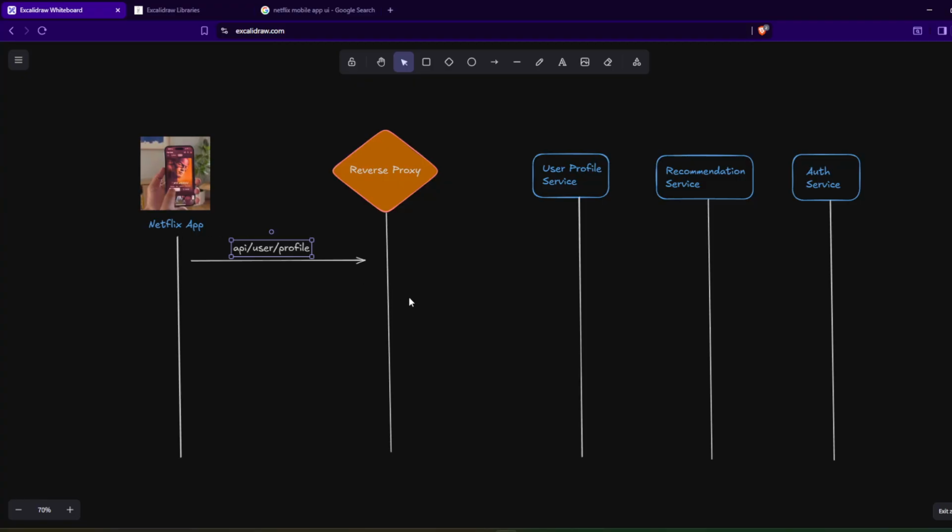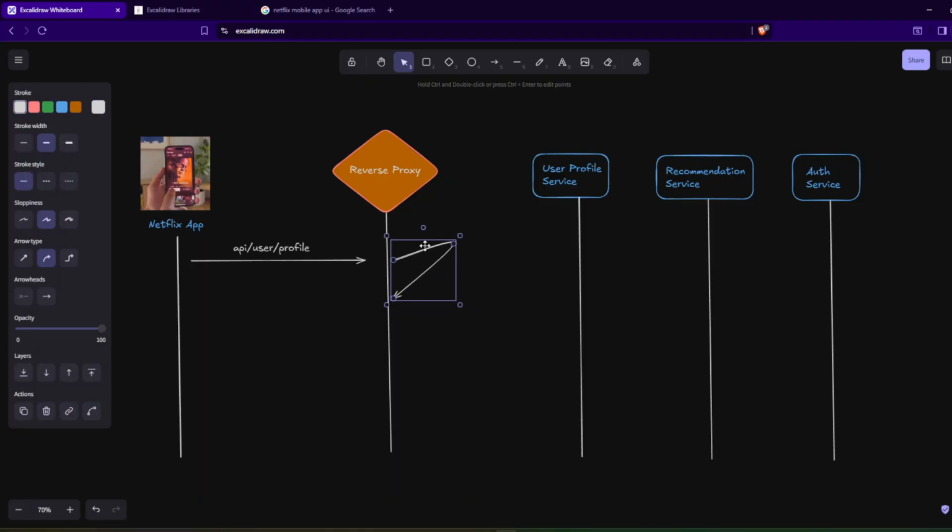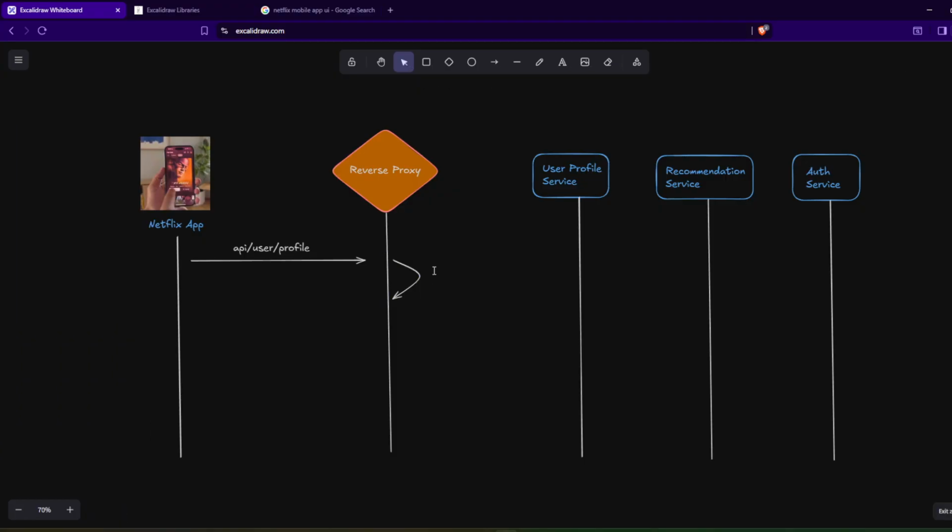After going into the proxy, there will be this guy, and this guy will at first not forward this request to the user profile service on the first go. What it will do is check whether any rate limiting is required or not.